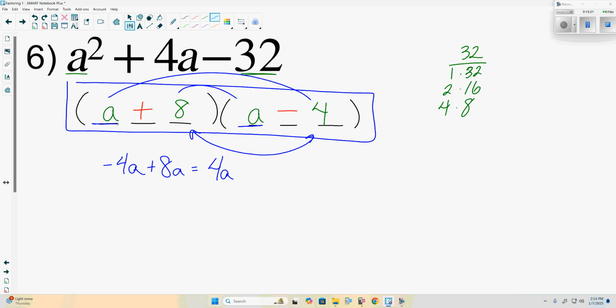Because if it was 3a and a, you have to switch the 3a and a and the 8 and 4. We have to change everything, which is a little less convenient than just switching the two signs. But to each their own, because both ways work. Questions on this here? Are you ready for the next one?